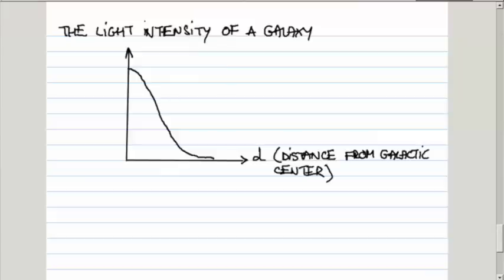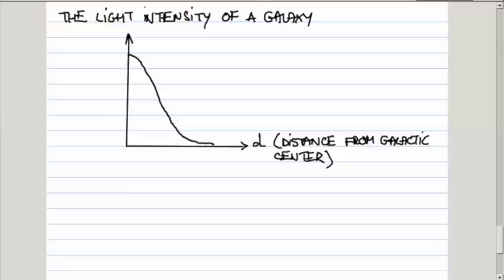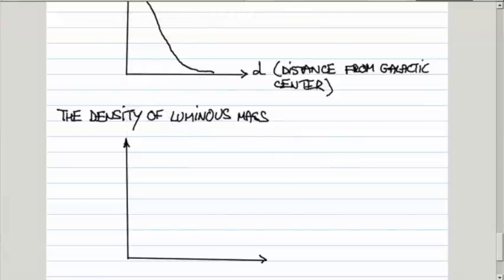Now, if we assume that the mass, at least the one that produces light, is distributed in the same way. And here I have a distance from galactic center. So if I assume that just like light, the mass is distributed in the same way, I would expect to get the same bell-shaped curve.